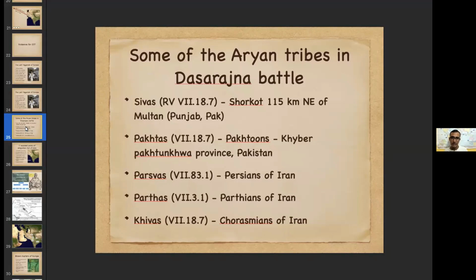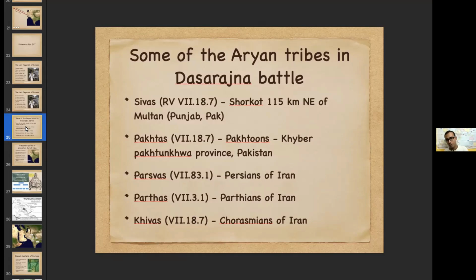If you trace them, you will find where the Shivas are located. Of course, I can give you the reference. This is from the Encyclopedia of Ancient Indian Geography by Subodh Kapoor. He has explained each of these tribes, where they belong and what their modern location is.